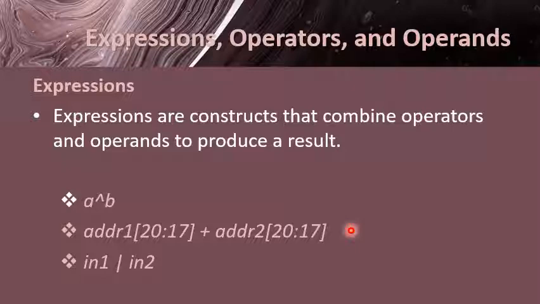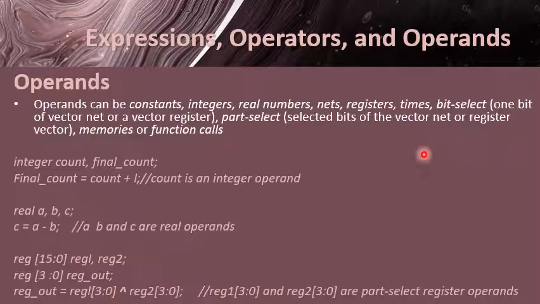When you are operating on any two operands, the two operands should be compatible in size. That's why, here we are adding, both of them are 4 bit. The third example is in1 or in2. Next is operands.